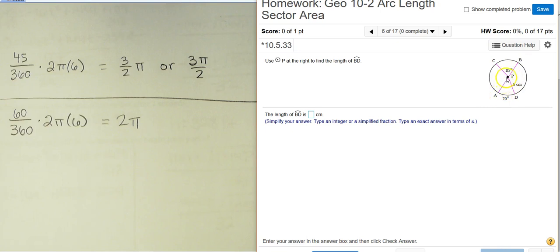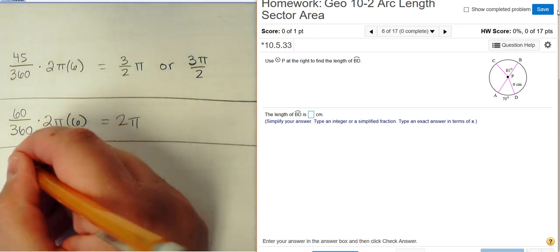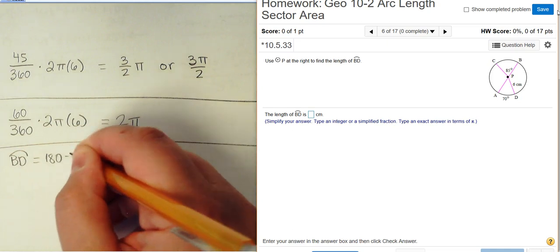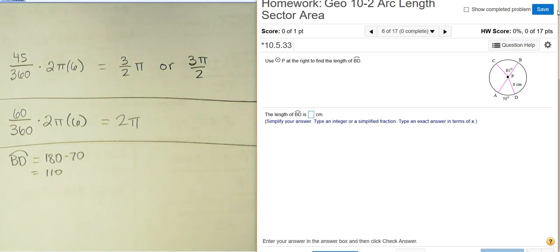So that 70 angle right there, plus the angle DPB, this angle here, have to add up to 180. So for that question, the arc from B to D is just going to be 180 minus 70, which is 110. Okay, so that's important.